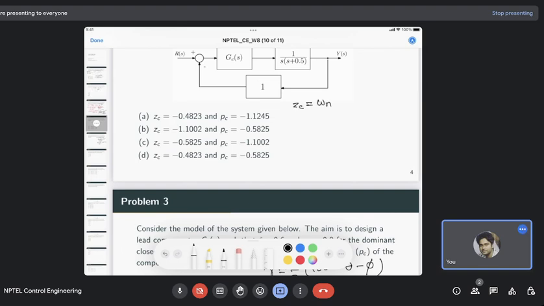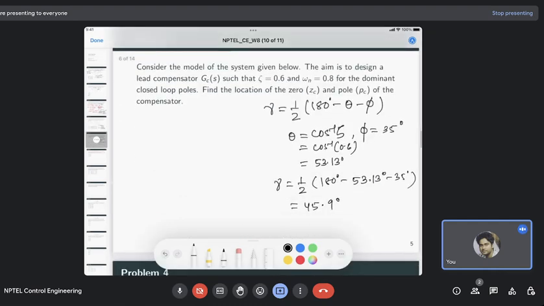The location of the zero is sine gamma by sine gamma plus theta, and the location of the pole is sine gamma plus theta plus phi. Using that you can directly find them. Otherwise, if you don't remember this formula, you can easily compute from the graph, like the pole-zero diagram.